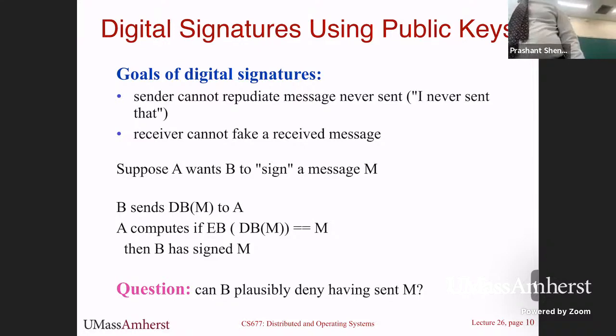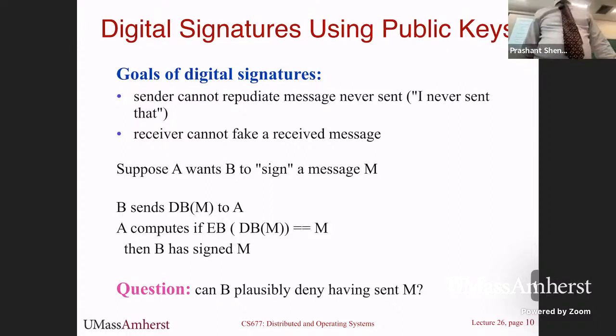Since the message is successfully decrypted, you know that only Bob could have encrypted it. Bob cannot claim to have not signed it because only Bob knows the private key. The signed message, which is the encrypted message, is only something Bob could have produced.